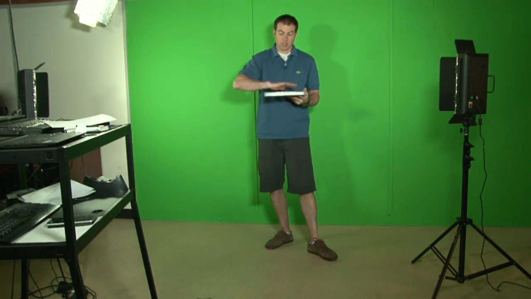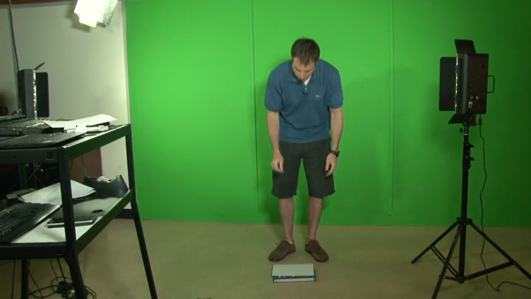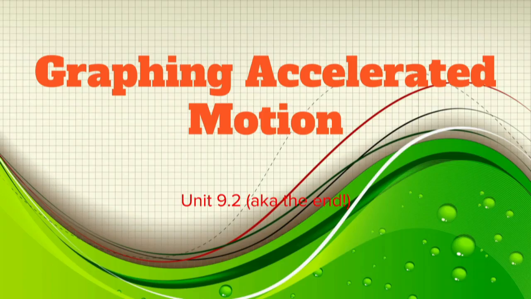So if I eliminate the air that's pushing up the paper, the air that the paper's trying to fight through, if I put it on top of the book, they fall at the exact same speed because I don't have to worry about the air resistance of the paper anymore. So just something to think about, kind of scratch your head about when you're dealing with objects in free fall.